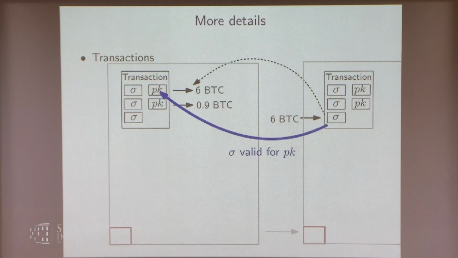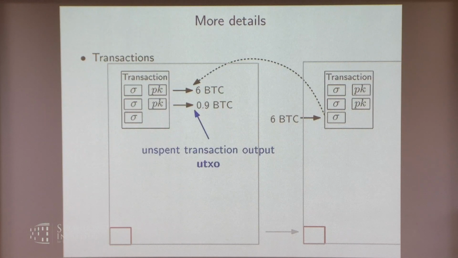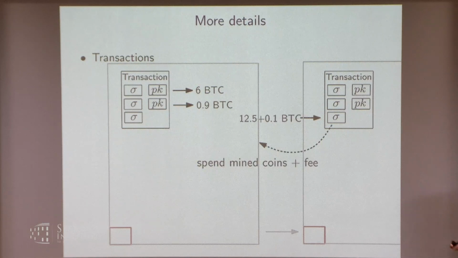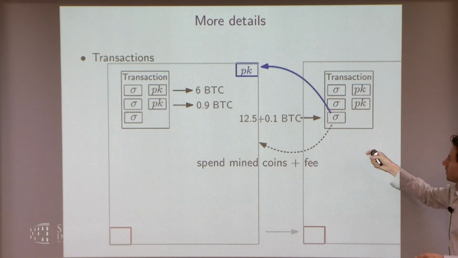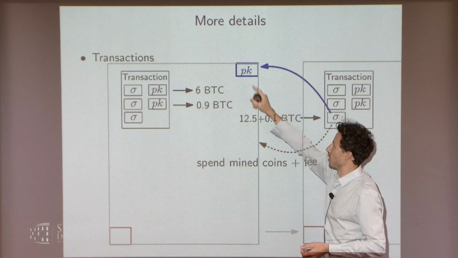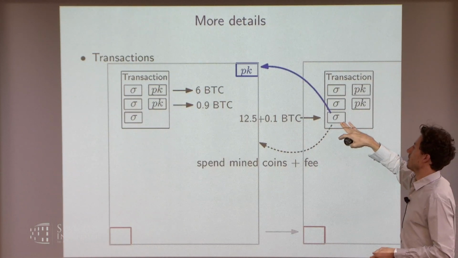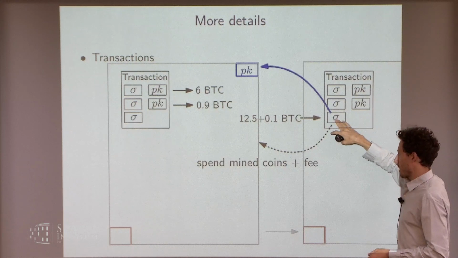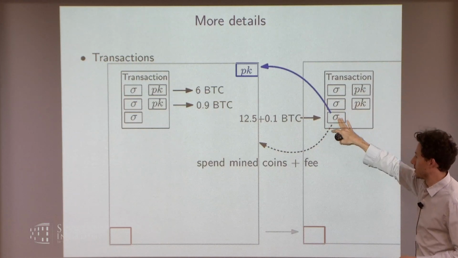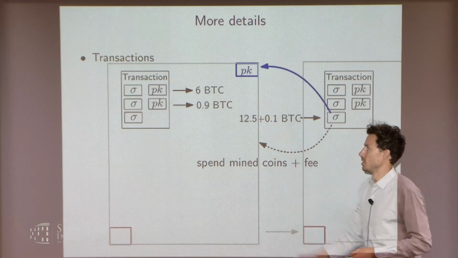And the other one would be the miner who wants to spend the money that he's created by creating this new block. Remember, the miner put his public key inside a new block. So he could also create a new transaction with an input that refers to this block.